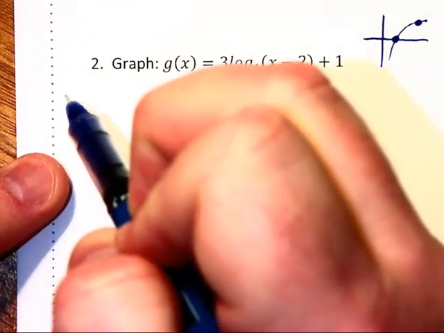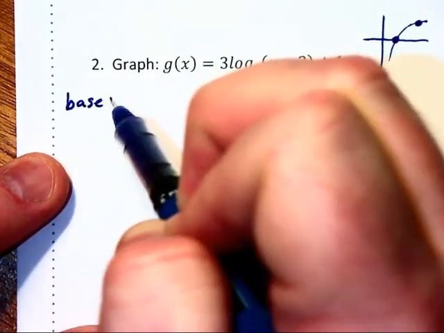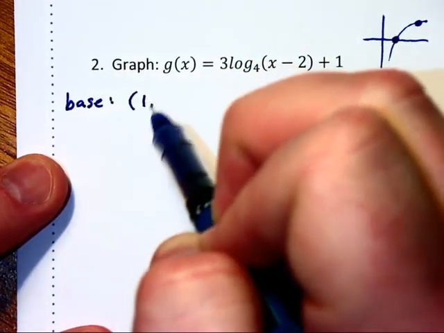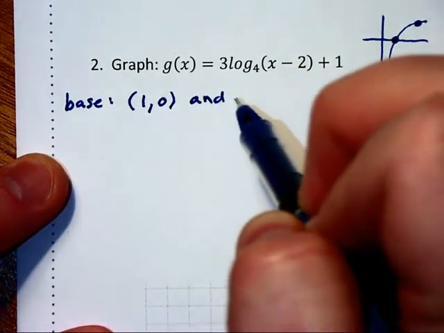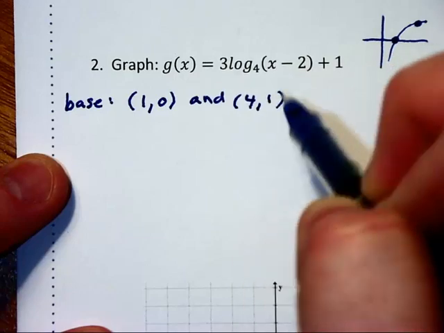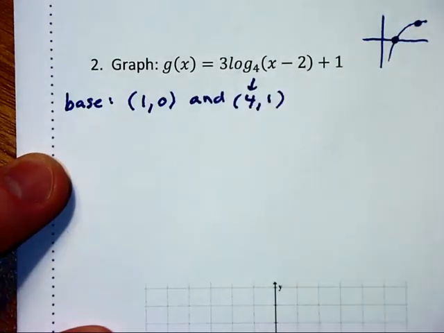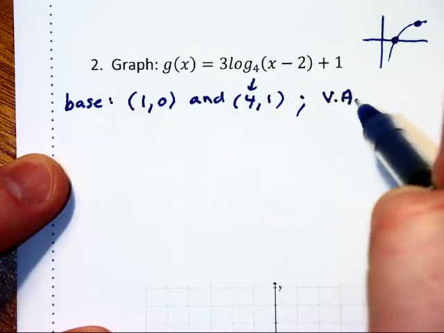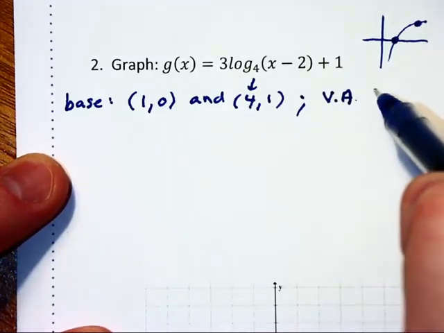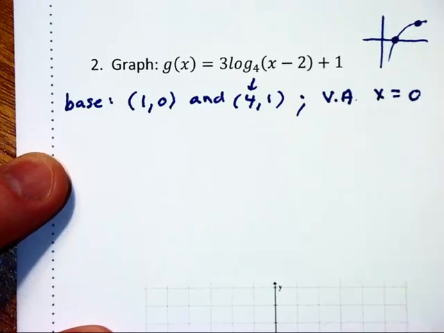Our key basic values before we begin is that this graph is going to go through 1 comma 0 and it's going to go through the point 4 comma 1. That's because there's a base of 4 there. We also know that it's going to have a vertical asymptote on the y-axis, also known as x equals 0.